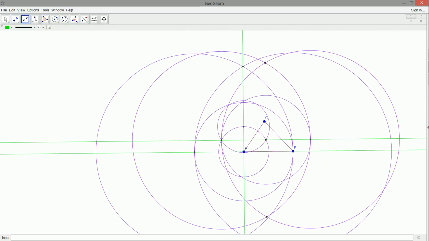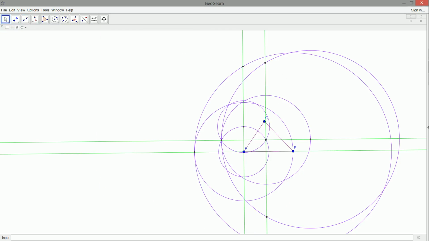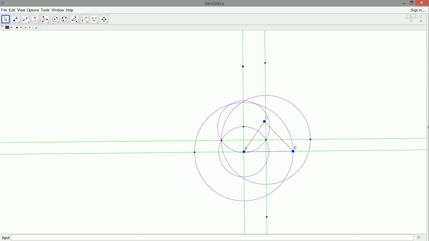I probably should have gotten rid of some of the circles there just to make this a little clearer as to what's going on. In fact, let's do that now, although we're almost done, actually. We just need to keep this one line here.